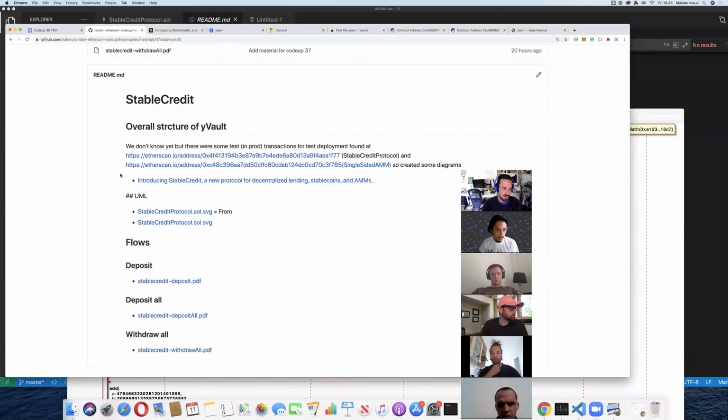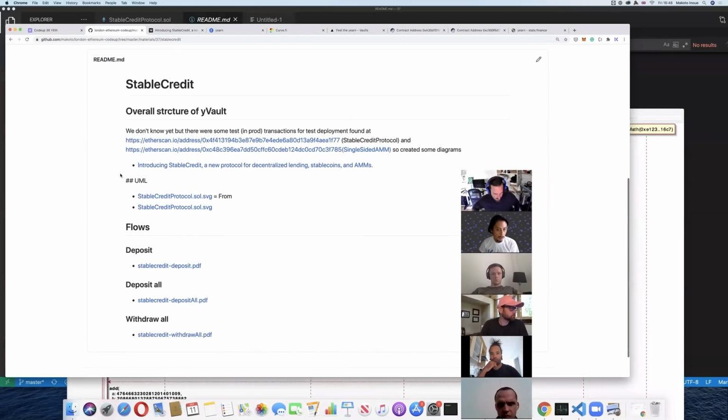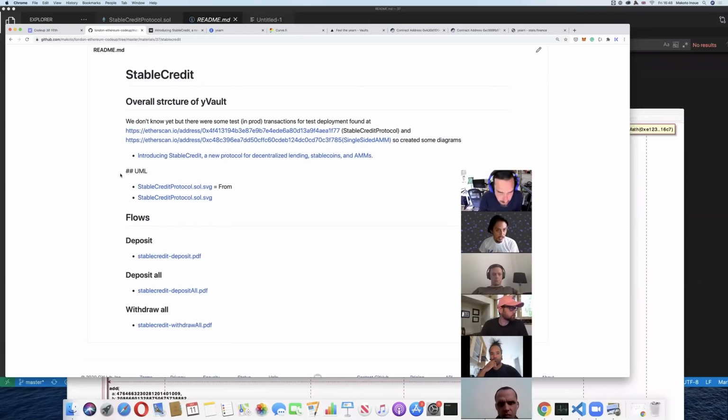But yeah, in a nutshell, my understanding is that, I read the blog post 3 times and I'm still not 100% sure, but the bits I understood is you can create any pair as long as Chainlink can provide a feed.